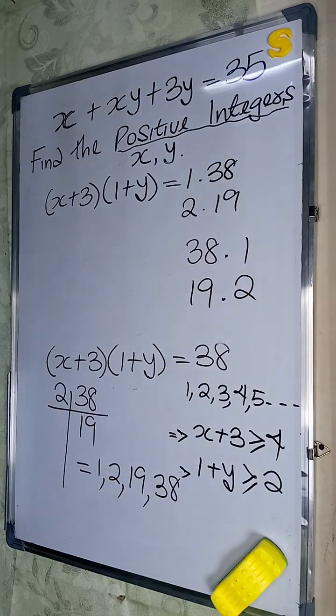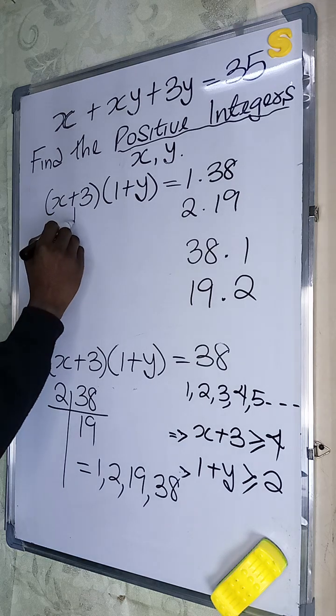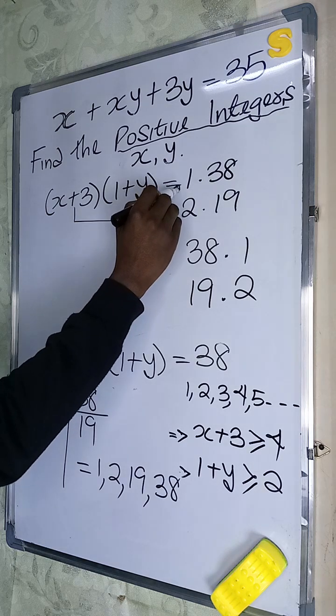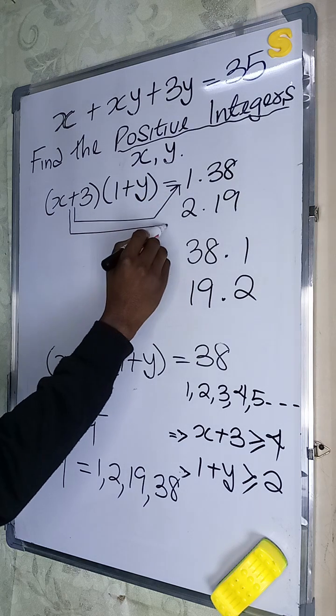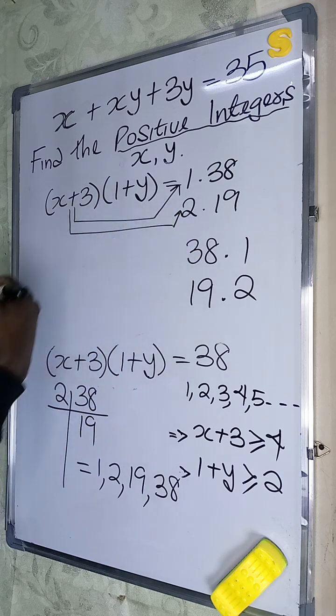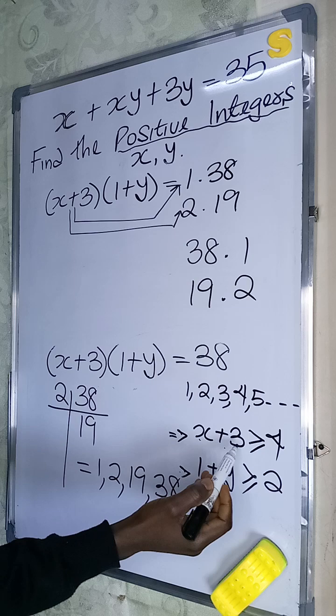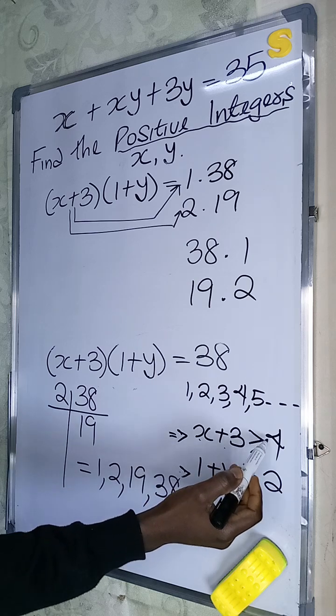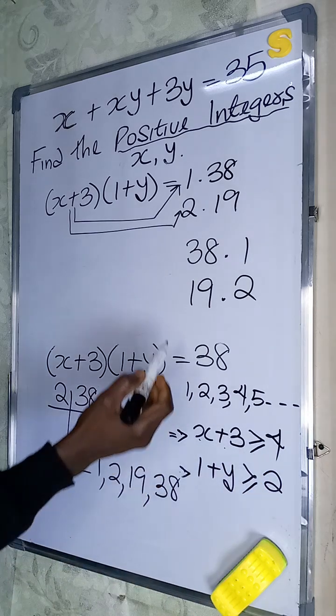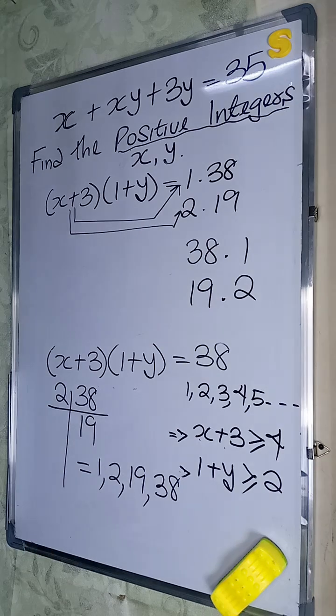Now let's compare these. Remember the condition that x plus 3 must be greater than or equal to 4 if we want to arrive at a positive integer.